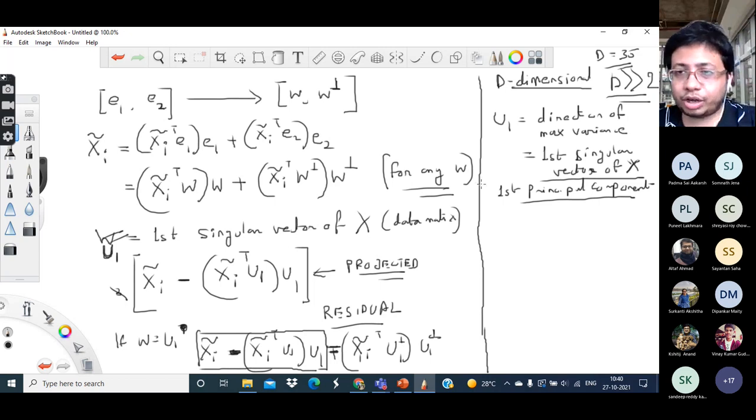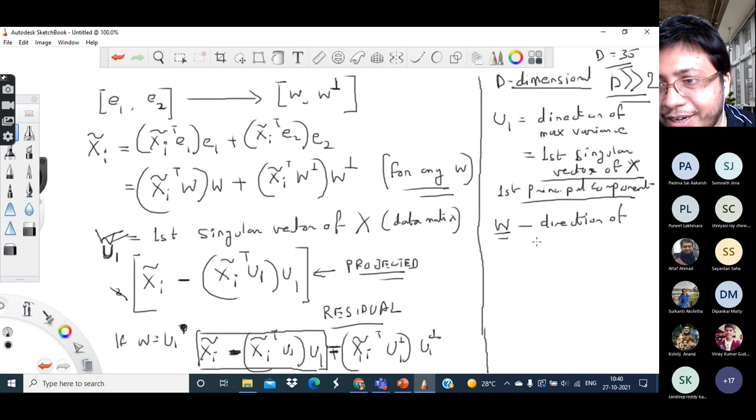So then what will I do? I will look for the second principal component, W. So what is going to be W? W is going to be the direction of max variance of the residual.